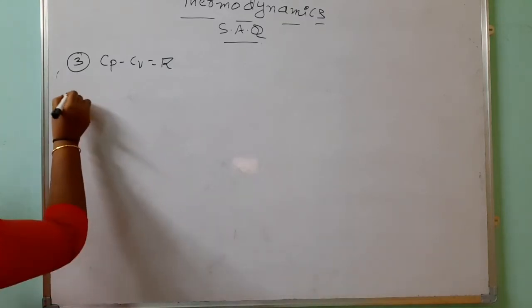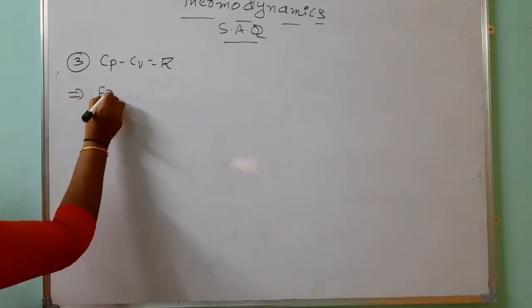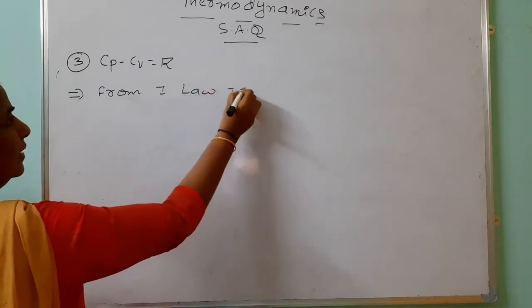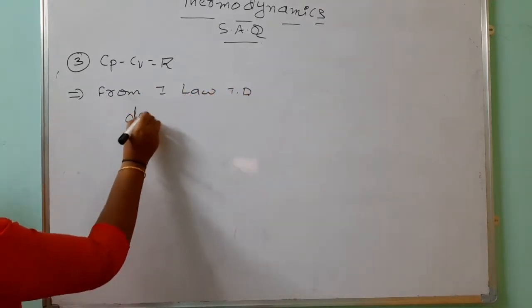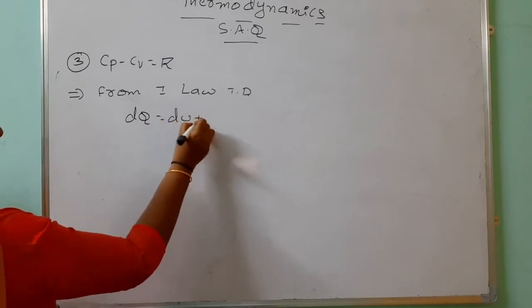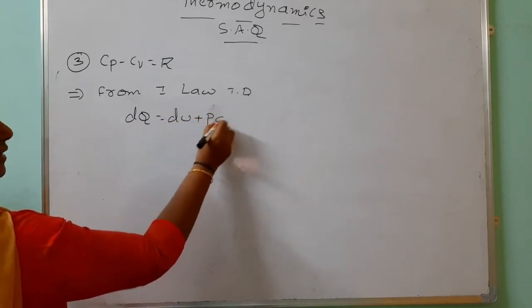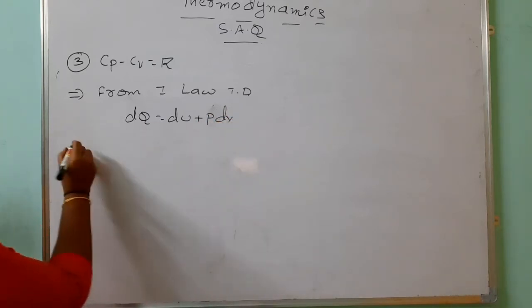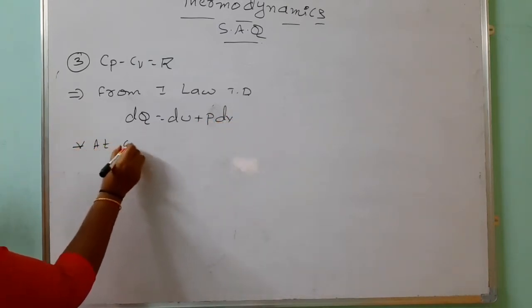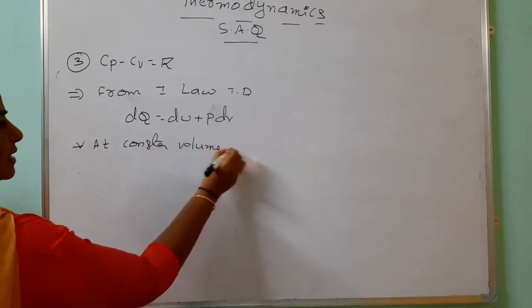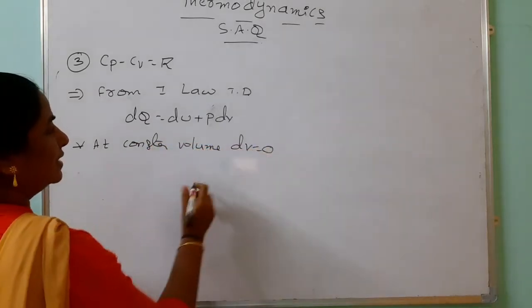Look, from the first law of thermodynamics, we know that dq equals du plus dw. Otherwise we write pressure into change in volume. So first we take constant volume, where we know that the change in volume is 0, dV equals 0.